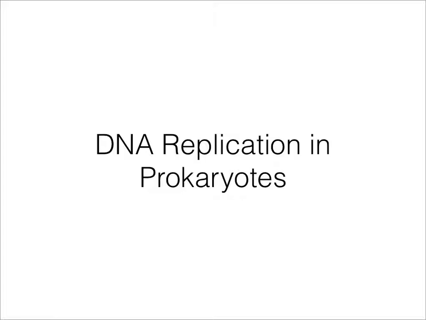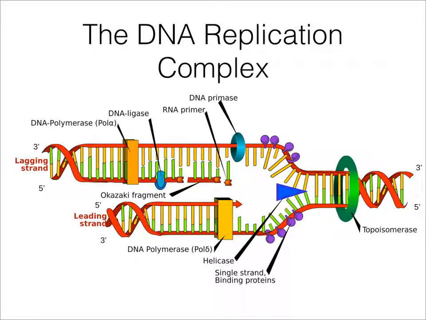So, now that we know, generally speaking, the chemistry of DNA synthesis, let's look at how it's done in prokaryotes. Right. This is a pretty complicated picture, and we're going to go through it in small pieces. All right? I'm going to give you sort of an overview, and then we're going to go over each of the cast of characters.